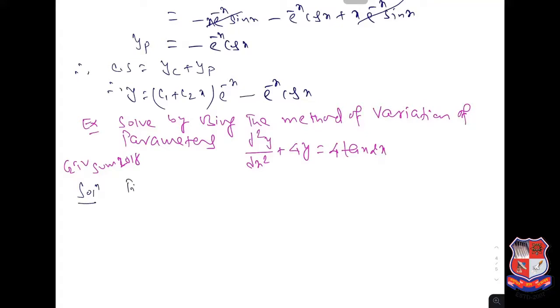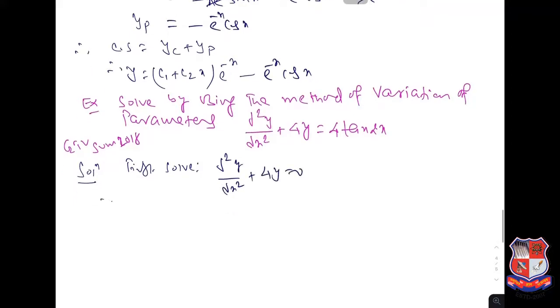First we need to solve the homogeneous part, that is d square y by dx square plus 4y equal to 0, and its auxiliary equation is D square plus 4 equal to 0.